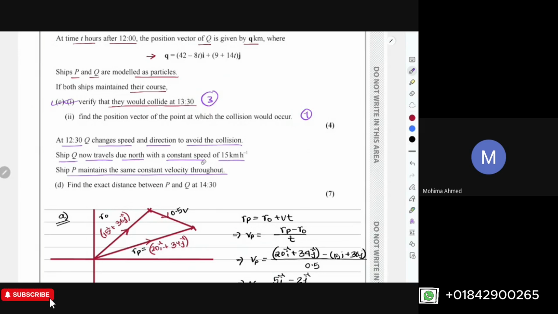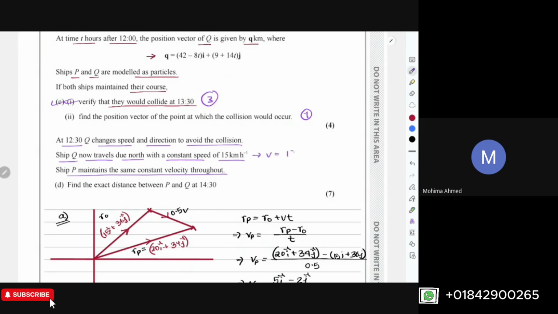From this statement, I can find the equation for the velocity of ship Q. Ship Q now travels from the origin, and in which direction? 15 kilometers per hour due north, right? North has the vector j. So if north has the vector j, I can easily calculate the velocity for ship Q. It's going to be 15j only, right? Nothing changed over here.